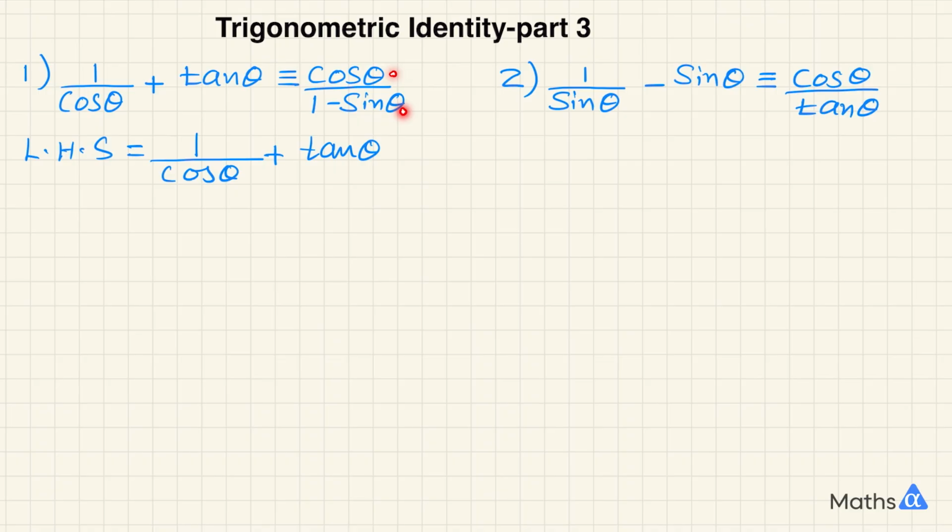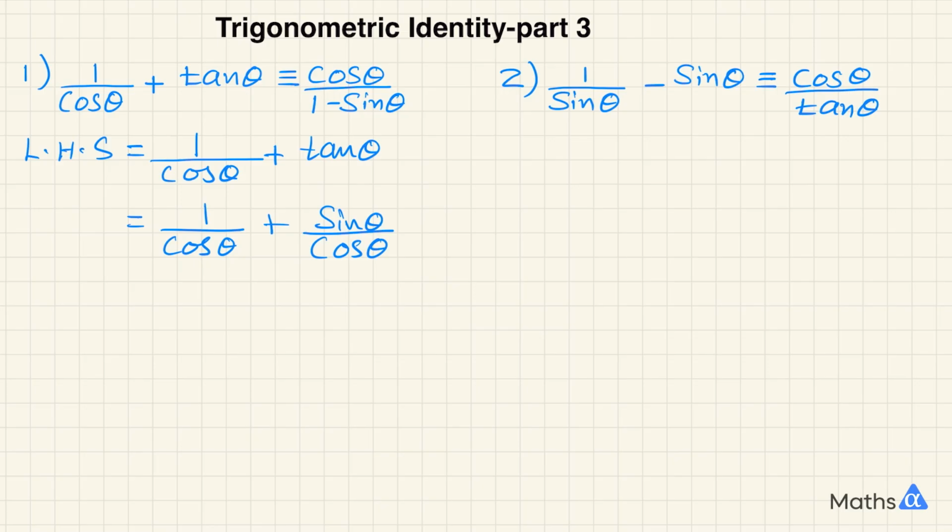So on the left hand side, we have tan theta. I'm going to write tan theta in terms of sin theta and cos theta, because we can write tan theta equal to sin theta over cos theta. So I write 1 over cos theta plus sin theta over cos theta.